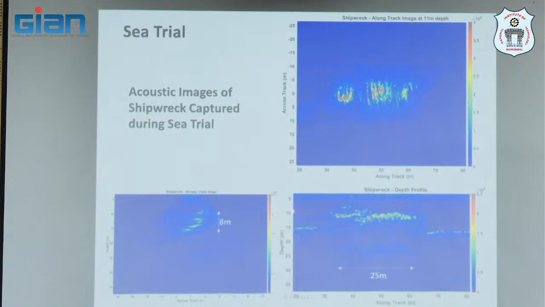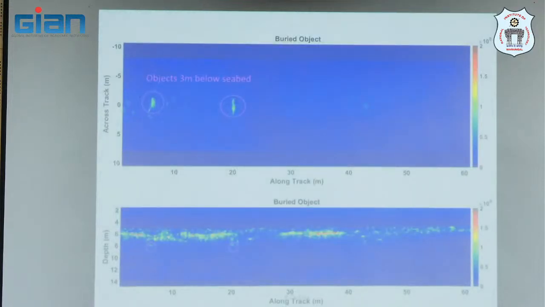With this, we got images of a shipwreck which was already in the Bay of Bengal. This is the depth profile, and this is the beamformed scanned information across track, and this is the elevation information of the scanned information.